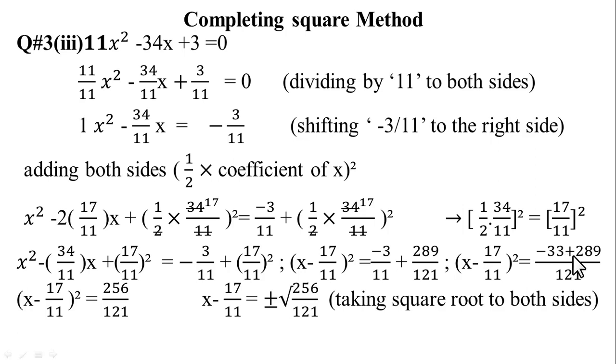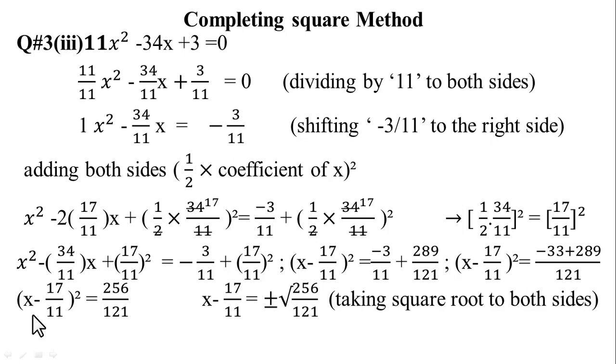Now we have solved this equation. Then x minus 17 upon 11 whole square is equal to 256 divided by 121.